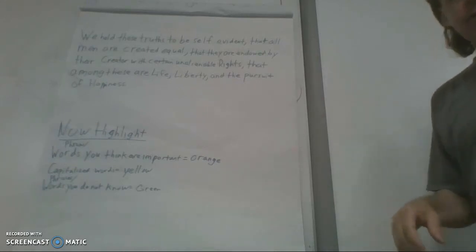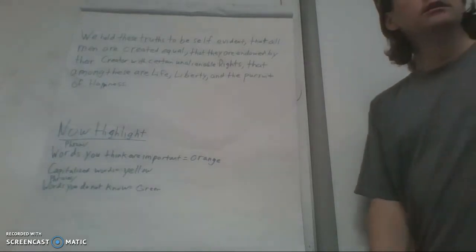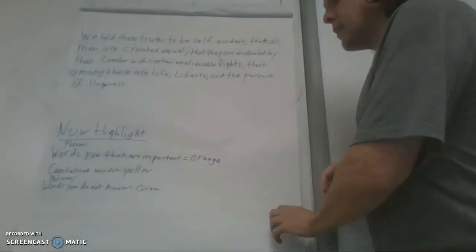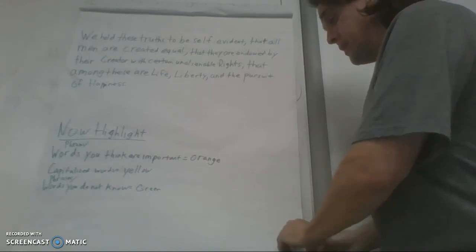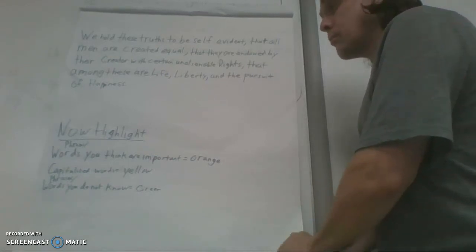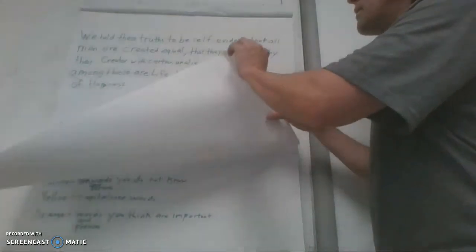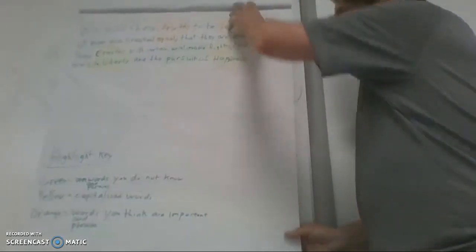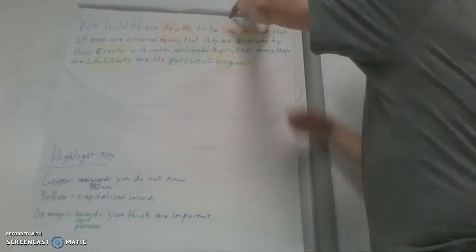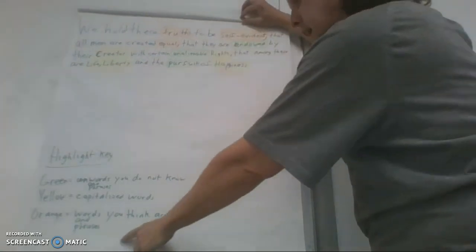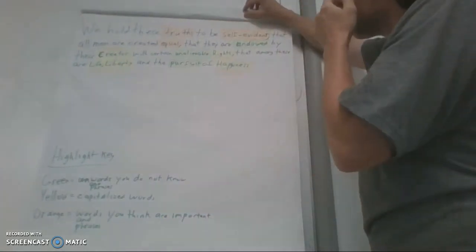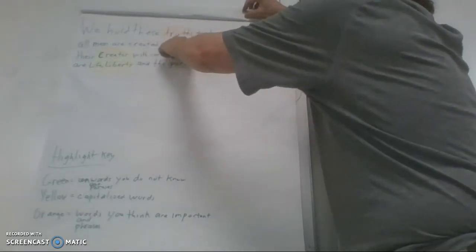All right, I know I didn't give you a lot of time, but I'm going to show you what I came up with. Remember, this is just my ideas. You might have different ones. So here's mine. Some words or phrases that I thought were important were "hold these truths."